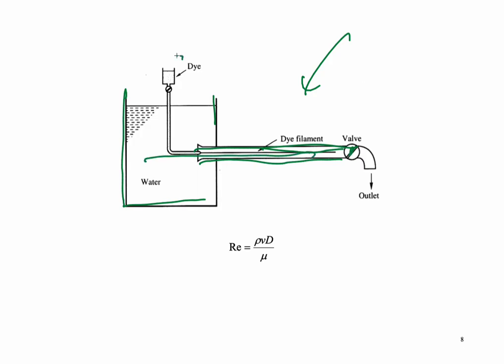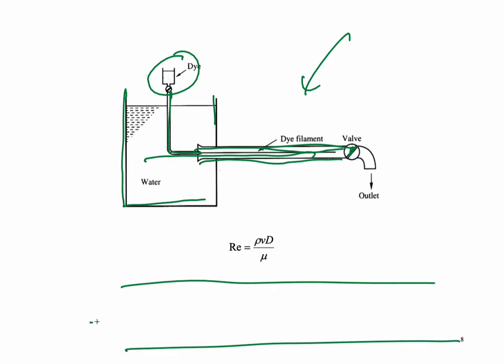Then we put a dye, ink, here. In the beginning, we find that the ink stays in a straight line. Why? This is the laminar effect. Laminar effect means the molecules will remain on their own path, so the ink in between the molecules remains on its path.